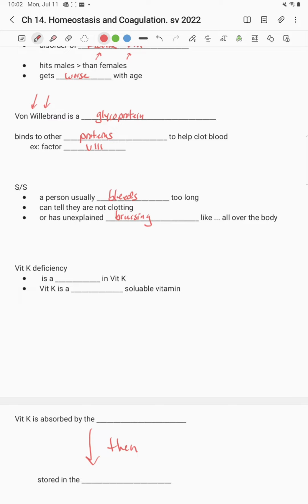Vitamin K deficiency is a decrease in vitamin K. Vitamin K is a fat-soluble vitamin and is necessary for blood clotting.